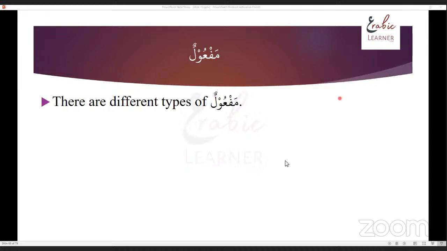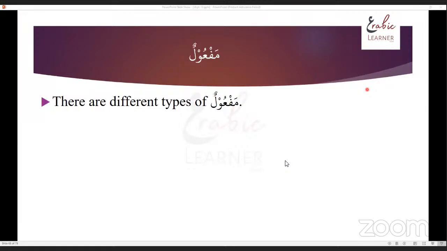But let me tell you something. By the way, whatever I am teaching here is more than the scope of this book, but I'm taking it faster because I realized you have the capacity to learn. And inshallah, you will find it easy as we progress further. Now there are different types of maf'ul.